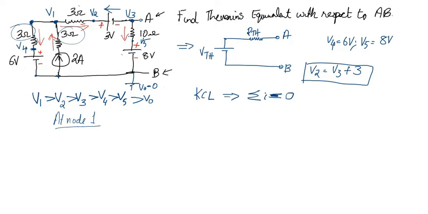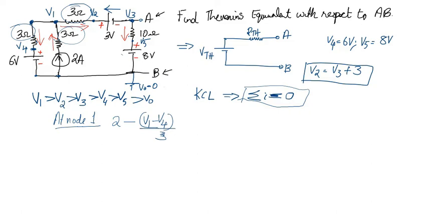The current through the third 3 ohm resistor is from V1 to V2, so it's (V1 minus V2) by 3. When we apply sigma I equal to 0, incoming current to a node can be taken positive and outgoing current can be taken as negative. Here only 2 ampere is incoming, the other two currents are outgoing. So we can write the equation like 2 minus (V1 minus V4) by 3, with V1 minus V4 by 3 in the bracket.